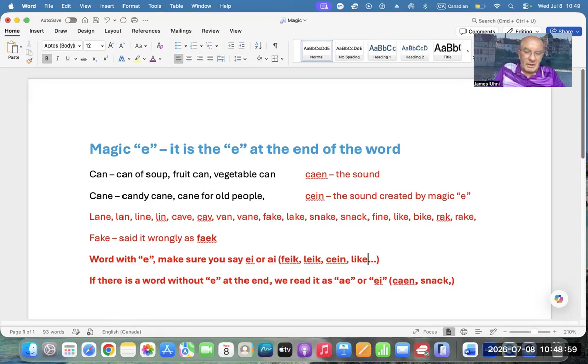If there is no magic E at the end, we read it as a or i. Can, snack, and let's say, what is I? Trick, for example. It's not trike, it's trick. Okay? So this is how important magic E is.